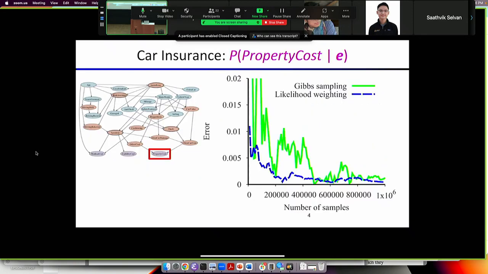Okay, so I'll just show you a couple of examples for the car insurance network. So this is the same query we had before, where in this one we're querying the property cost variable down here, given the evidence in the blue variables.